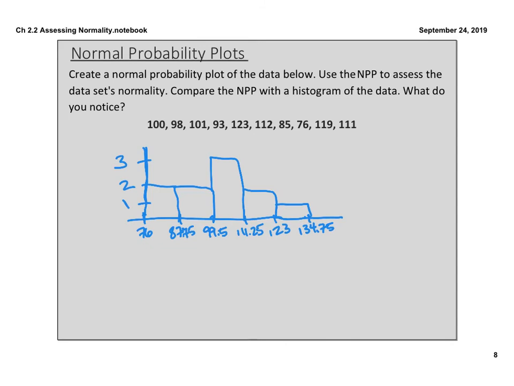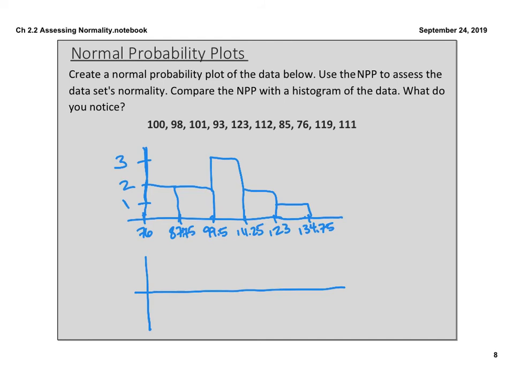So here's what my normal probability plot looks like. I'm going to draw the same x-axis, and this time my x-axis is in the middle, because remember, some of our z-scores are positive and some are negative. So this is graphing the data versus the z-score. And you can hit the trace button again, and that will tell you where your data points fall.